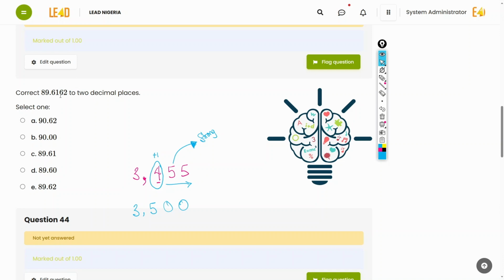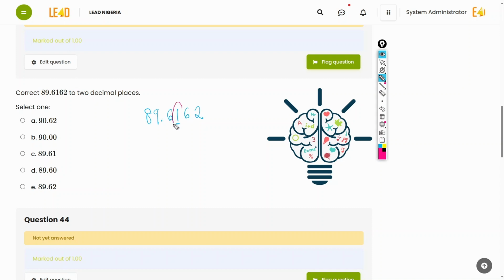Correct 89.6162 to 2 decimal places. I think I've done this question a couple of times, so I guess they keep on repeating it. My second decimal place is occupied by the digit 1.